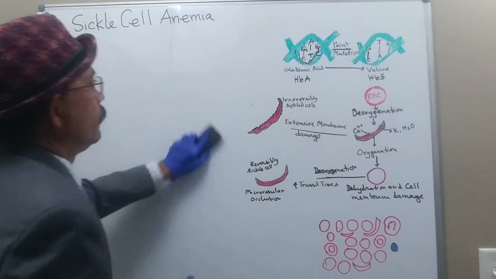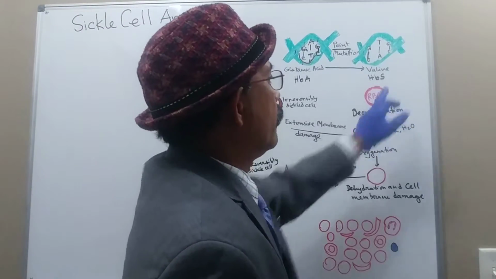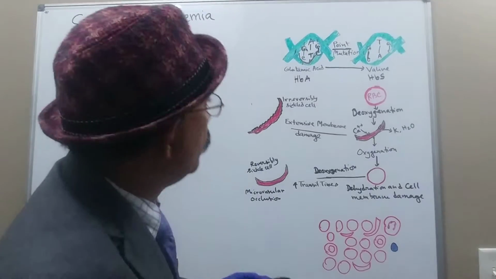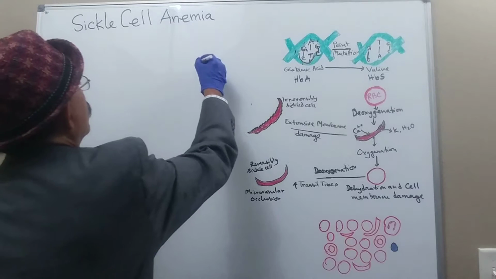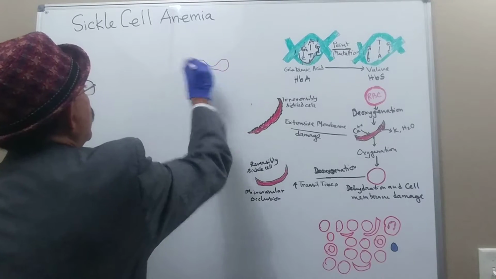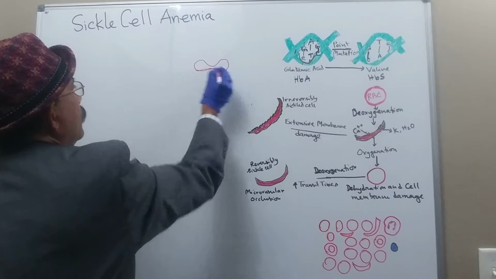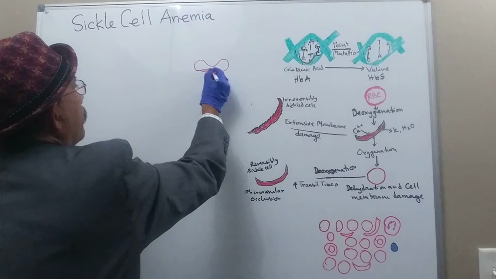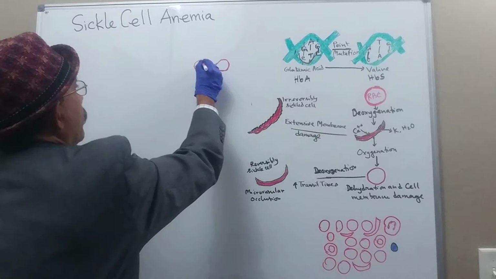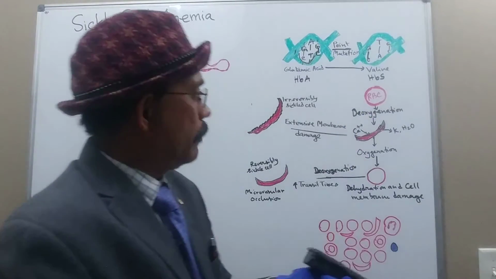If we go there, this is our hemoglobin S, this is the RBC. If you see it from the side, the RBC should be like this. So what happened?